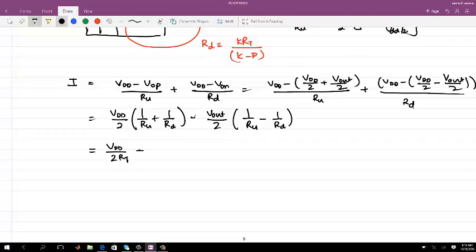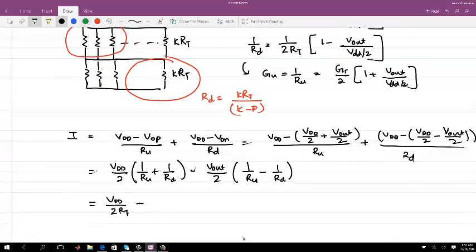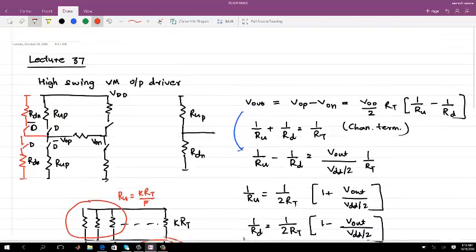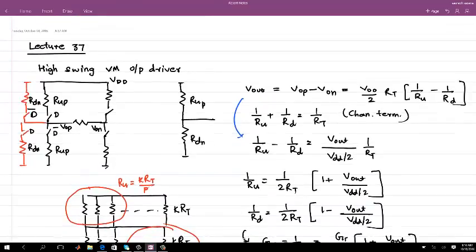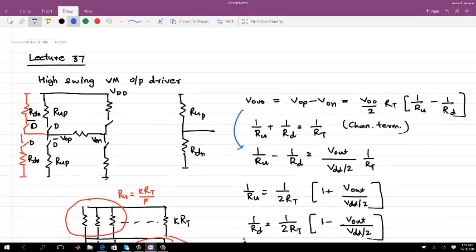Okay, now use the relation. So we are looking for an expression for 1 by RU minus 1 by RD, and if you see the relation for that, okay, so you see 1 by RU is related to output swing in this manner, right?